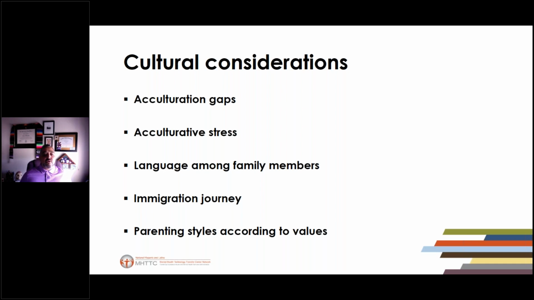Parenting styles according to values. Sometimes those values may shift or change as immigration happens. At times, families may come to the United States wanting to hold on to rules or expectations that they had of their child in their home country, and here socially things are different, and expectations are different. Sometimes the parenting styles don't align, and it's not to say that it's wrong or it's right.